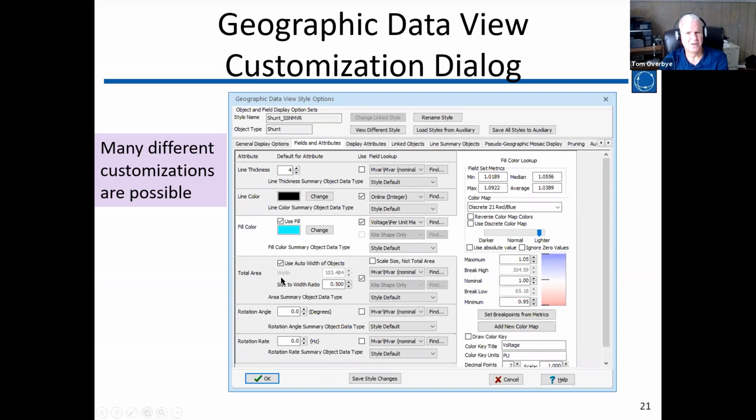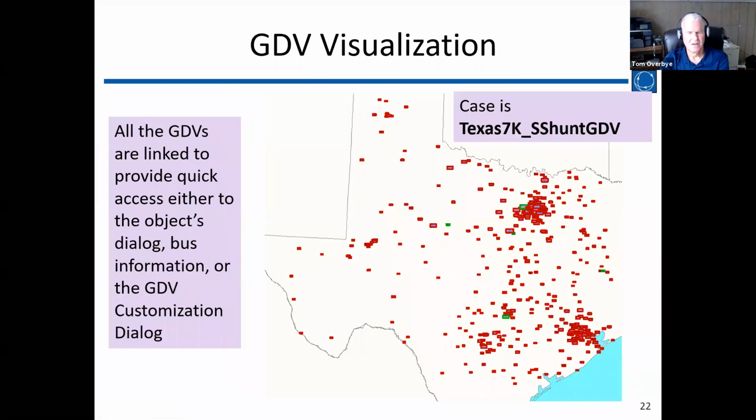And then the total area is set to the total megavars that it was having. And this is the display. So I'm showing the location, I'm showing the size, I'm showing its status, and I'm showing its bus voltage. So that's 4 attributes that are visualized here.